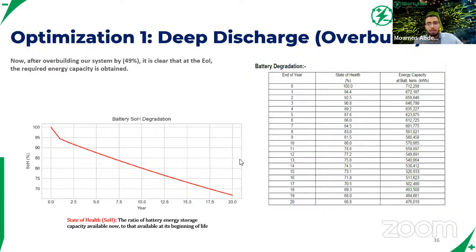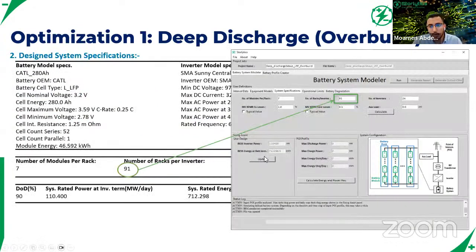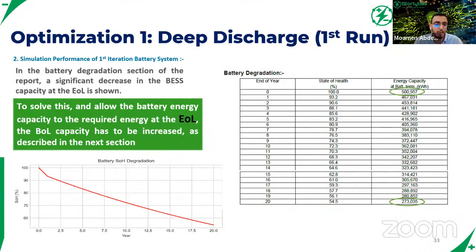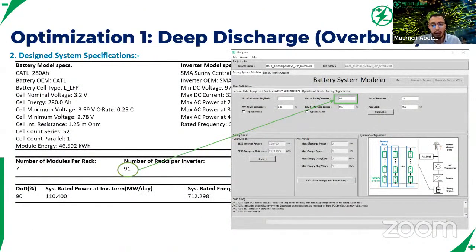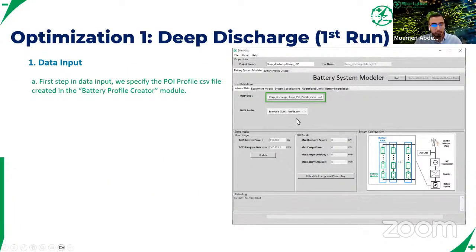I can add a quick update regarding our software for our next version. In our next version, we will have enclosure models that allow the user to simulate different auxiliary loads. You will be able to define your enclosure model, your enclosure type, and add to that the TMI profile, which allows the user to input the ambient temperature of the site that the energy storage system will be installed in.